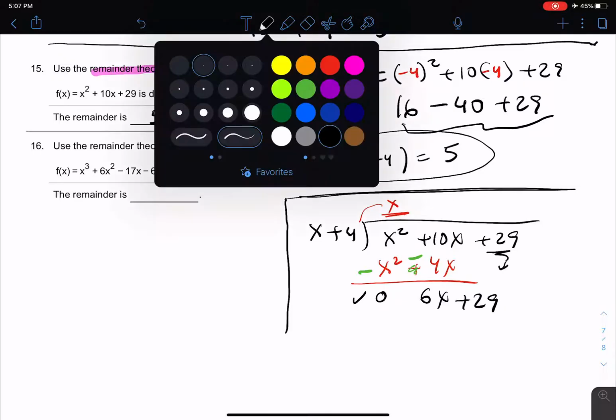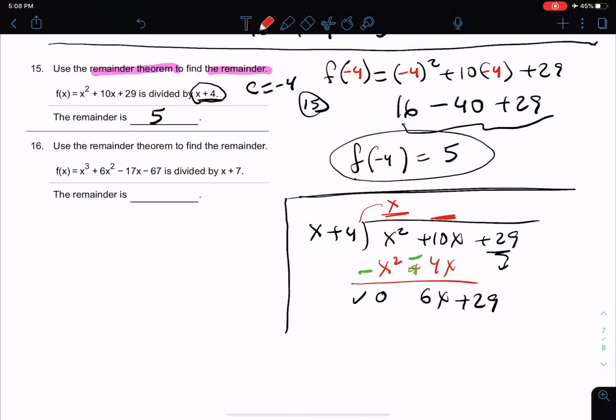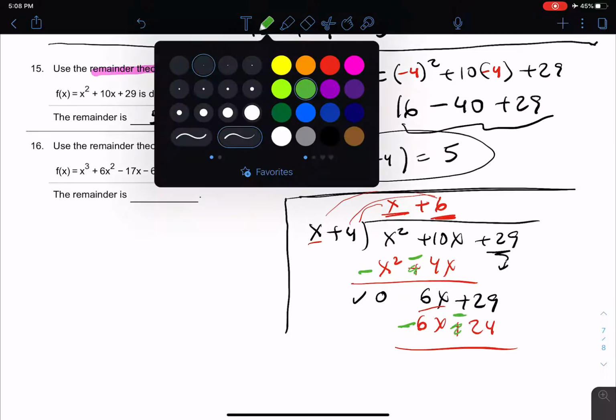Then we go through the procedure and ask, what times x will give me 6x? Well, plus 6 will do that. We multiply, and 6 times 4 is 24. Polynomial subtraction means all you have to do is change the signs and simply add them up.